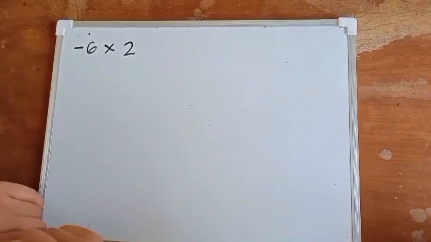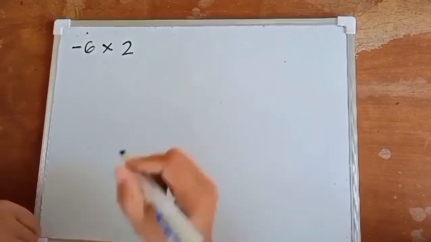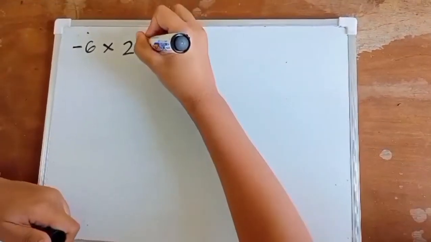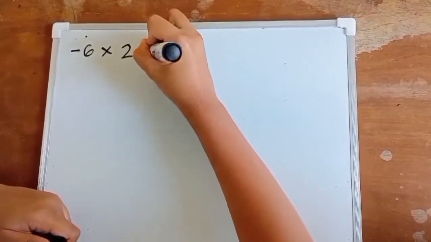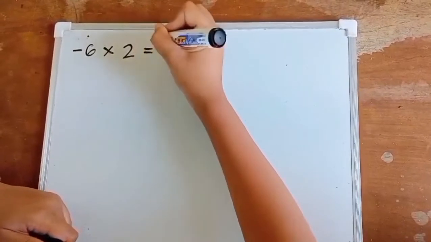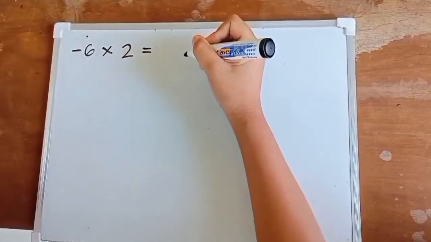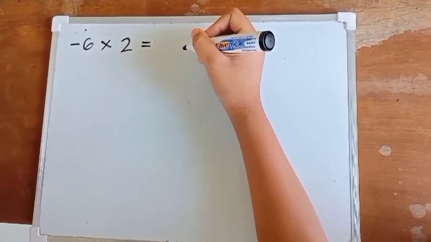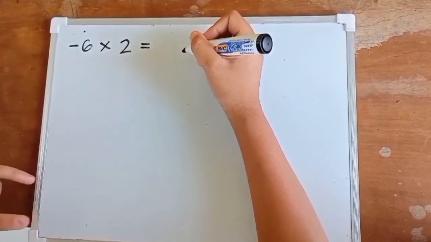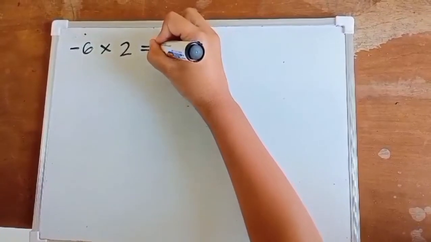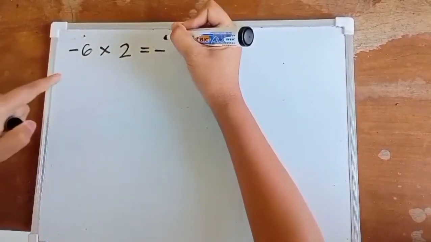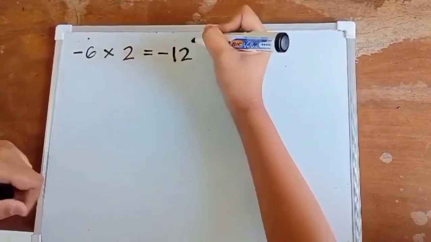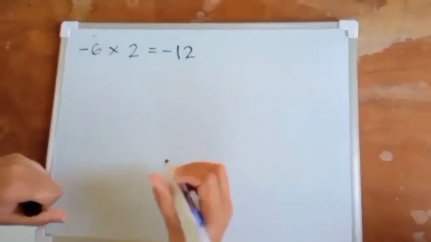First example is negative 6 times 2. Remember that in dealing with negative numbers, you will end up with two negative results and one positive. This time, since we have negative times positive, you will end up with negative. Now multiply the two. 6 times 2, we have 12. So negative 6 times 2 is equal to negative 12.